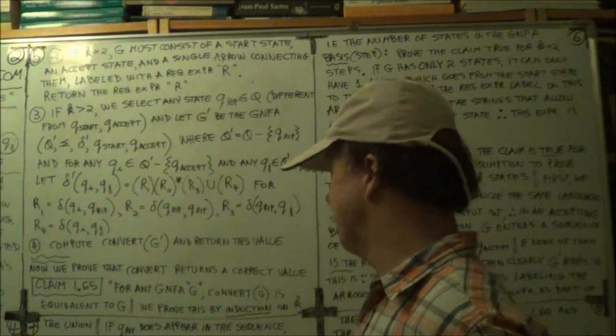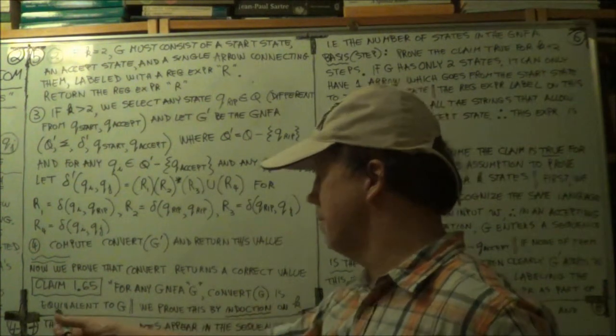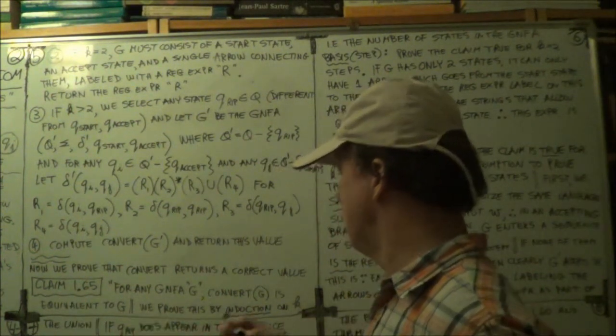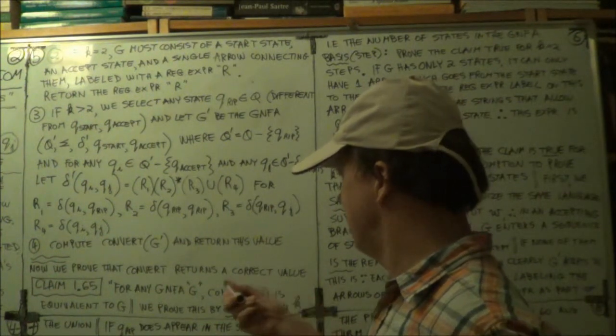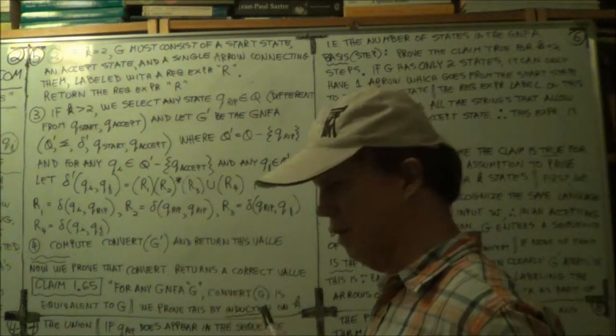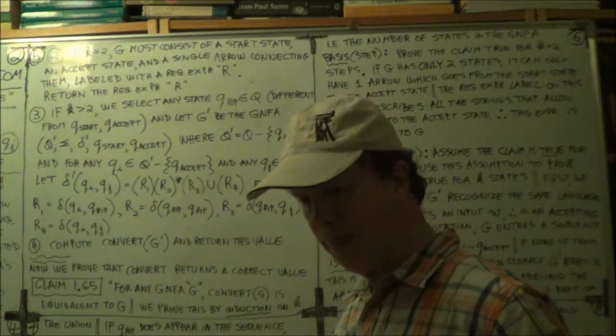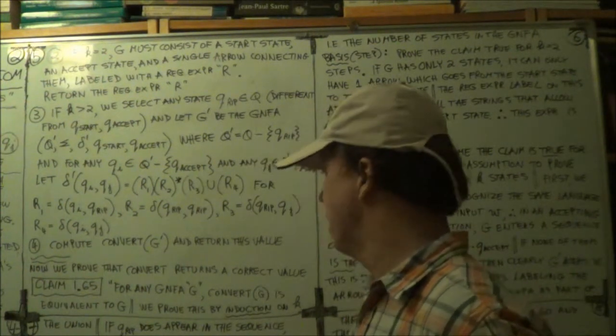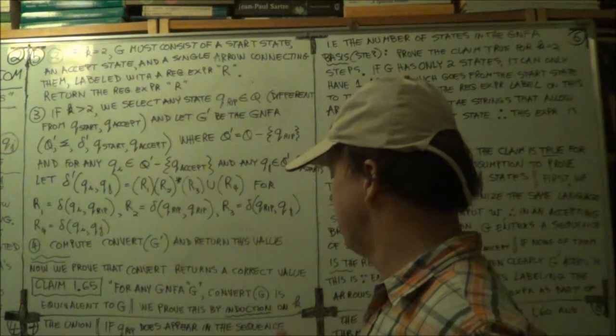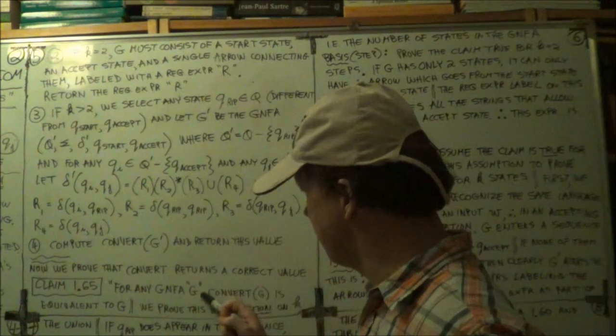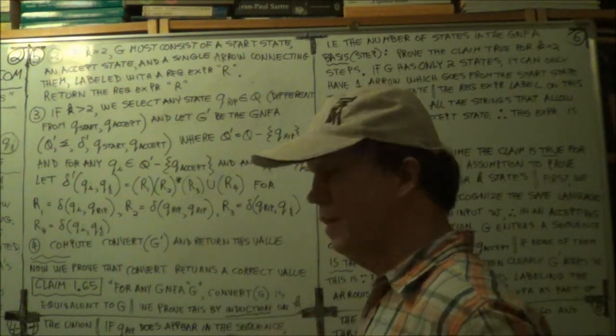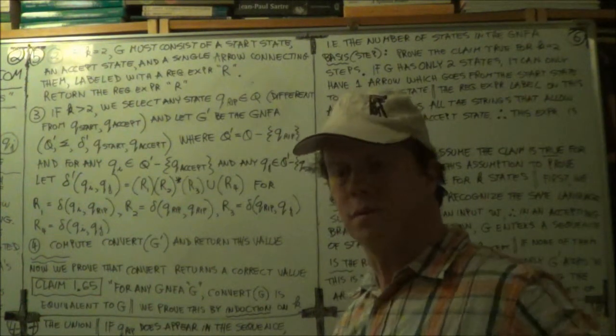Now, to say that the machine and the regular expression are equivalent, well, that's sort of what we've been proving. But we have to prove that the use of convert is actually doing what we want it to do.